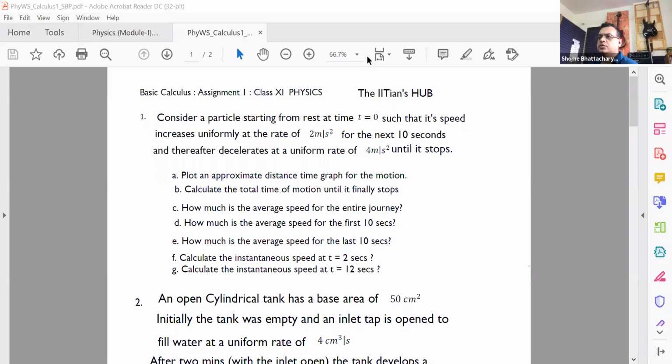Okay, Kirti has asked for the last question of worksheet 1. So we'll go through that. Anybody has a doubt in the first question or any part of the first question, please let me know.